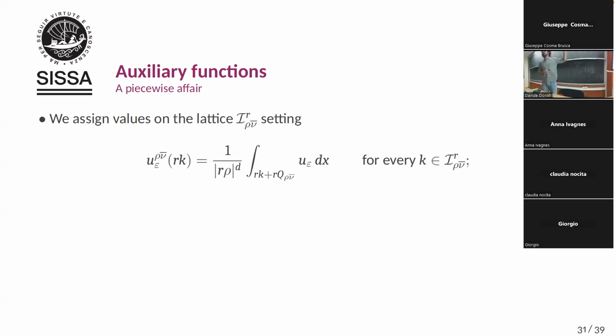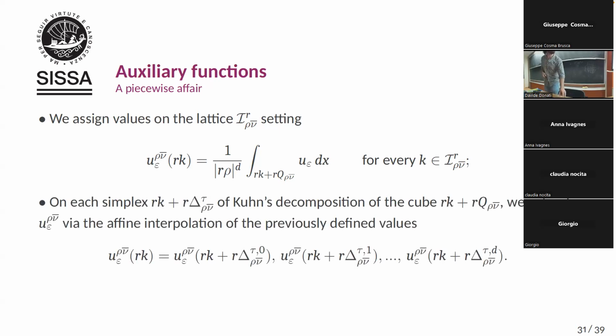For any given positive number epsilon, u rho nu bar epsilon on the points of this lattice that we have defined is going to be given as an average of u epsilon on the cube given by the orthonormal basis nu bar and by r rho as a side. Then on every simplex of this decomposition, our functions are going to be given as the affine interpolation of the values that we have assigned at the vertices of the simplex.